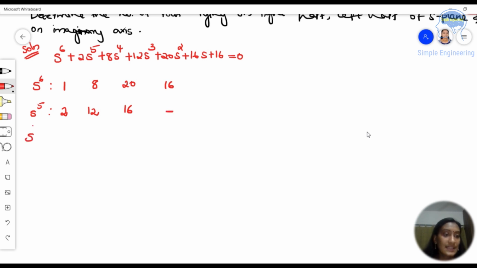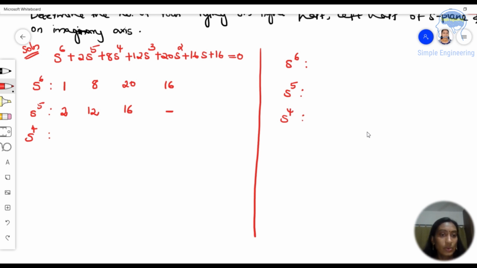Next you have to find s power 4. So before that, here we can write s power 6, s power 5, s power 4. If you go through this row, you have 1, 8, 20 and 16. You cannot reduce this one. But if you take this row, you have 2, 12, 16.